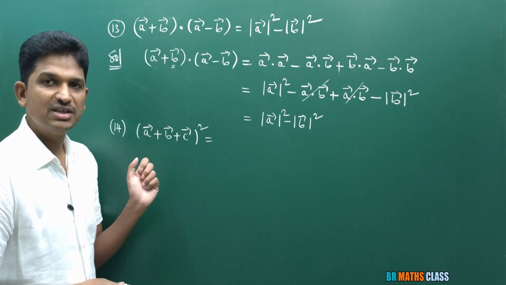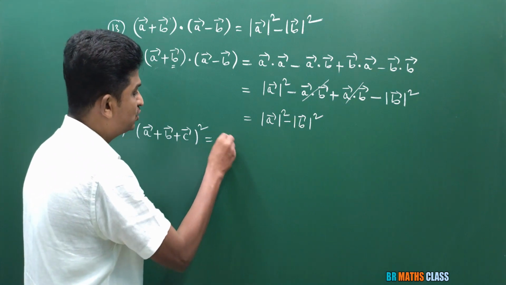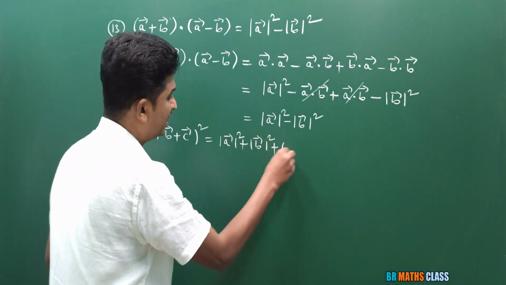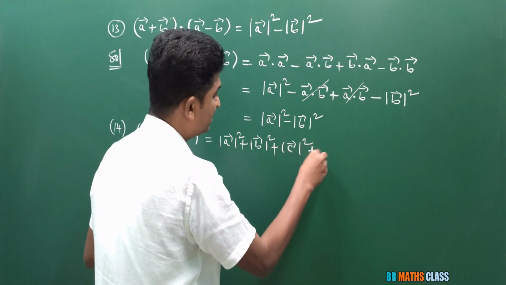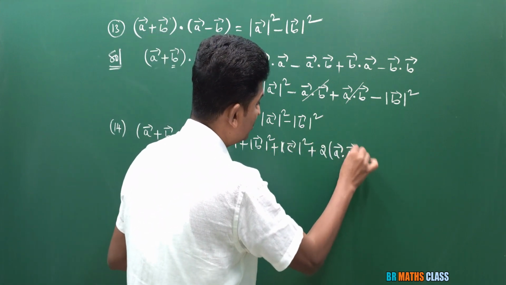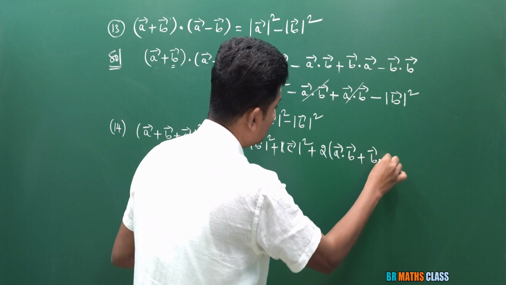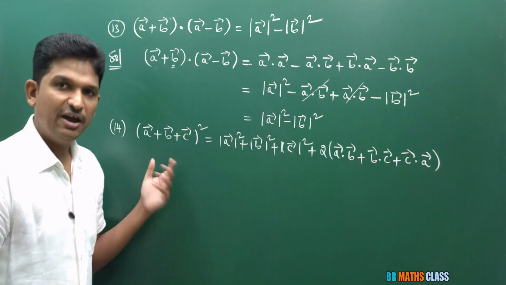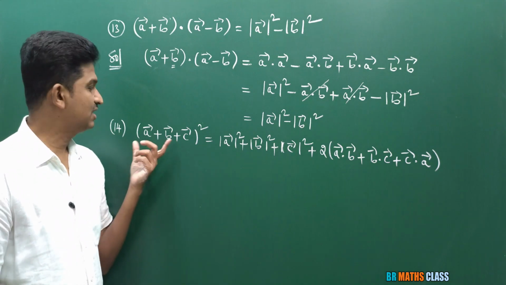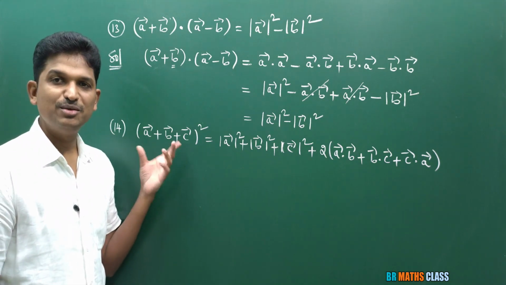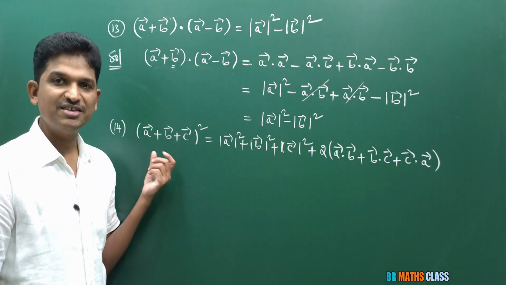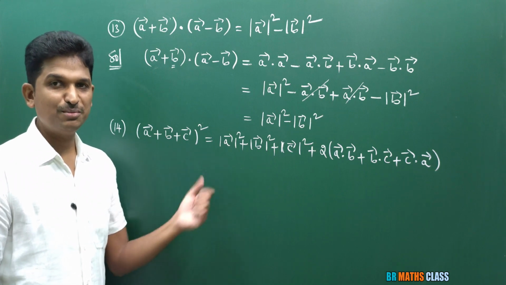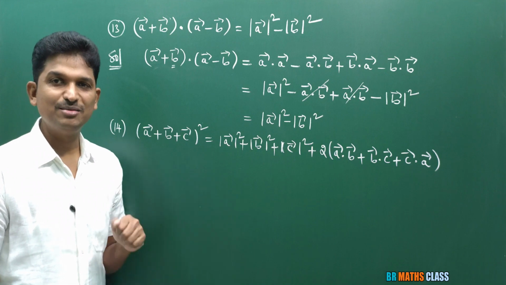The formula for this is magnitude of a bar square plus magnitude of b bar square plus magnitude of c bar square plus 2 times a bar dot b bar plus b bar dot c bar plus c bar dot a bar. I want you to try this because a bar plus b bar plus c bar whole square can be written as a bar plus b bar plus c bar dot a bar plus b bar plus c bar. You write like that and simplify this.